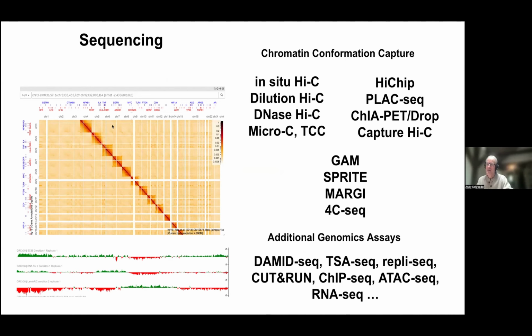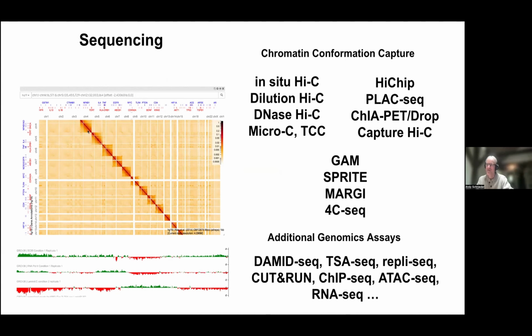And the typical way you can view this data is in two-dimensional contact maps. You have each of the chromosomes lined up both vertically and horizontally. On the diagonal, that's where linear parts of the DNA, the chromosomes, are right together.